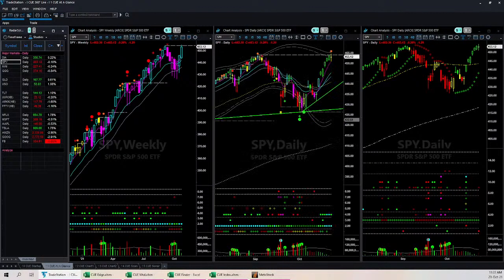SPY, that also created a similar indecision at the top, also at watermark resistance in both daily and weekly. During the day, it did create a reversal candle, however, price recovered.